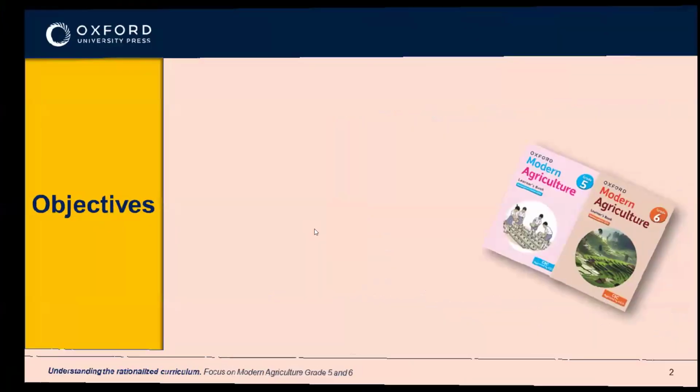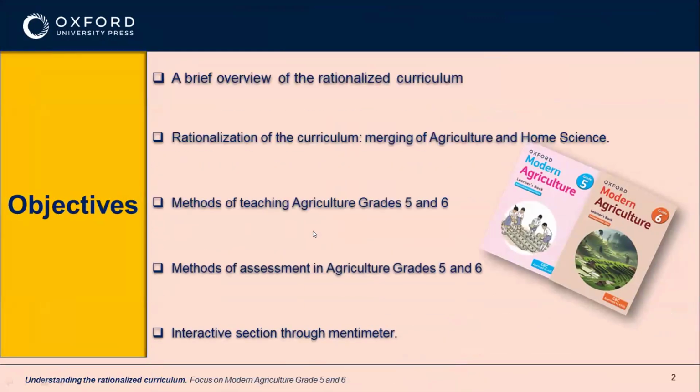Basically, these are the objectives of this webinar today. We shall have a brief overview of the rationalized curriculum, which came in 2023 thereabout. We shall also talk about agriculture, how it was merged with home science. Then we shall focus on the methods of teaching agriculture, especially in grades 5 and 6.